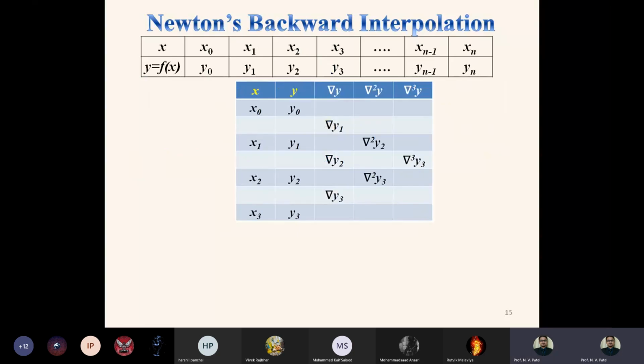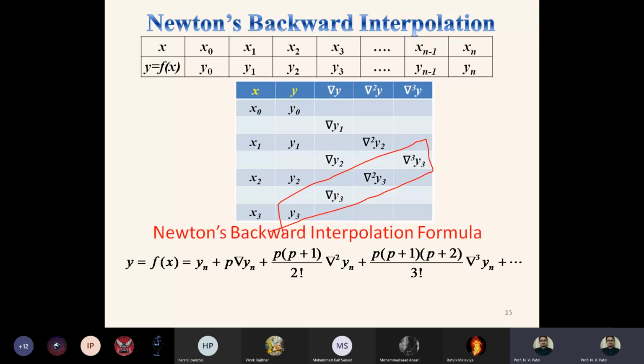Once you get these tabular values, in Newton's forward we require all the starting values, but in Newton's backward we require all the ending values. So in Newton's backward interpolation formula, we use yn, nabla yn, nabla square yn, nabla cube yn and so on.